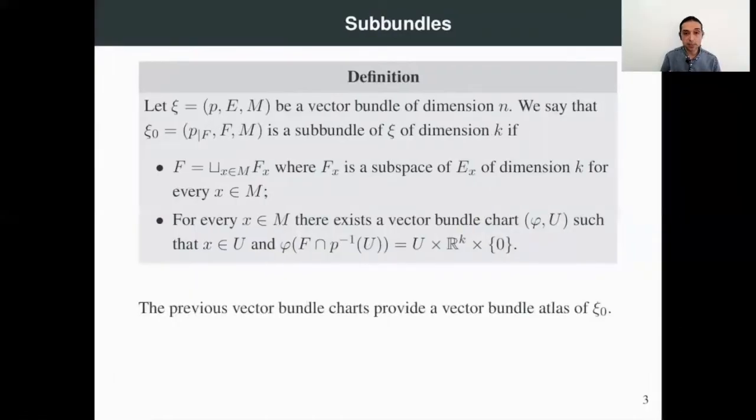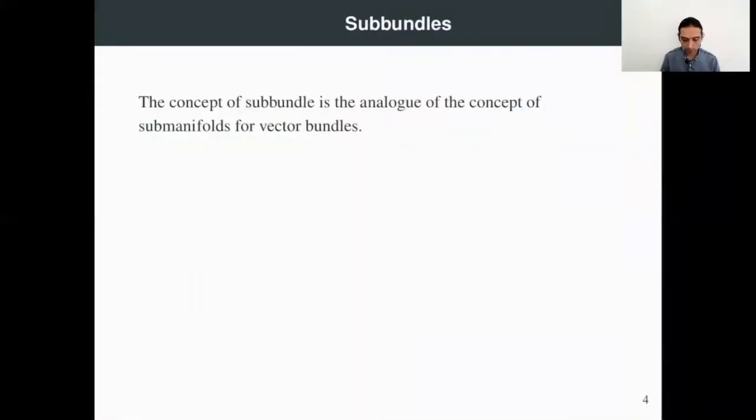The previous vector bundle charts provide a vector bundle atlas for psi dot. Indeed, we just need to forget this part and we have automatically a vector bundle chart in which the image of the preimage of U is just U times R^k. The concept of subbundle is the analog of the concept of submanifold for vector bundles. We have submanifold, and then subbundle and bundle and vector bundle.